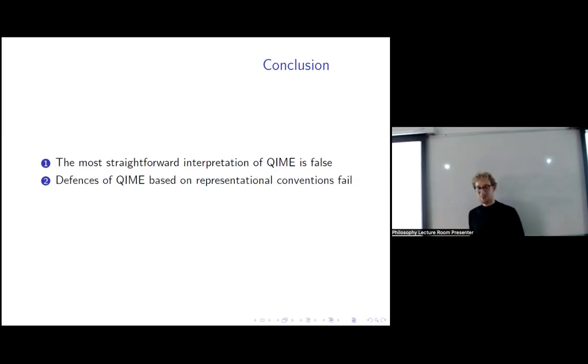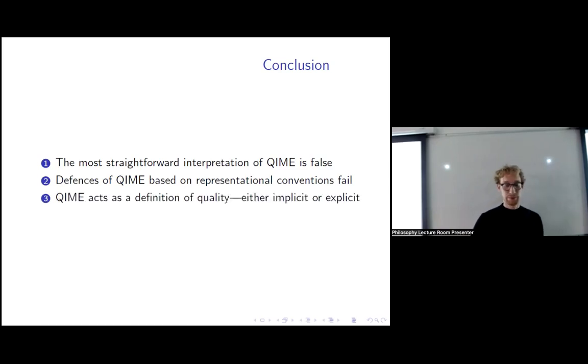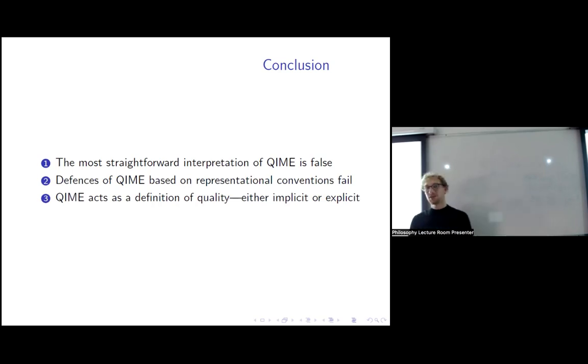Defenses of Quine based on representational conventions fail as well, for the reasons I've given. But we could think of Quine as a definition or a guide to quality, either implicit or explicit. I've said that's the best way to think about it, and that together with sophistication and with quantity substantivalism, it gives us a really nice coherent way of thinking about what isomorphic models represent in physics. Thank you.